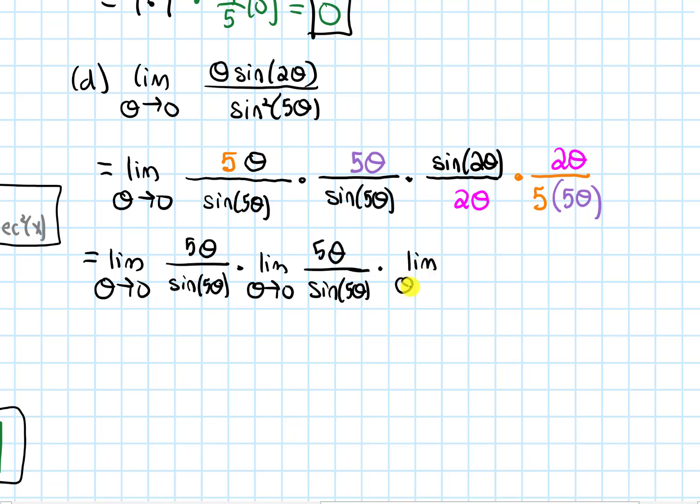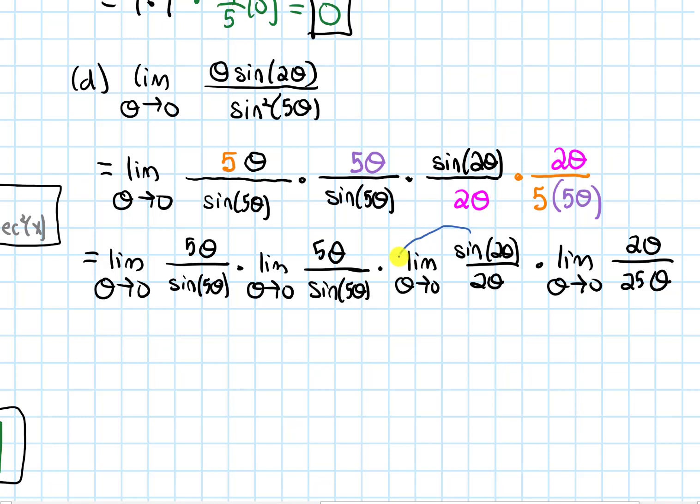Okay, so the limit as theta goes to 0 of sine of 2 theta over 2 theta. And then finally times the limit as theta goes to 0 of that last term of, 2 theta over 25 theta. Okay, so this third limit is our special limit. It's going to be equal to 1. The first two are the reciprocal of our special limit.